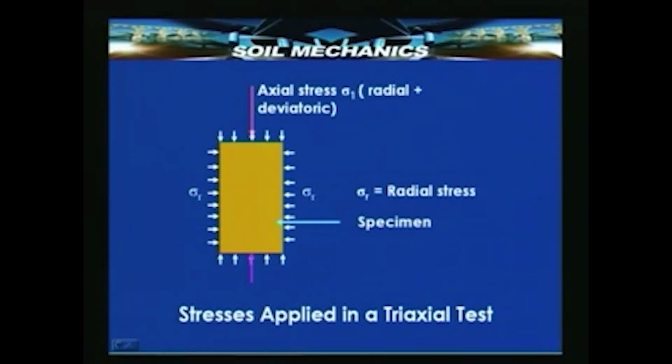Therefore, at the end of the test, at the point of failure, we will have an all round pressure sigma r, which incidentally being water, also acts at the top and the bottom, and then this stress sigma r is increased by an amount known as the deviatoric stress, so as to get the total axial stress sigma 1 at the top and bottom at the time of failure.